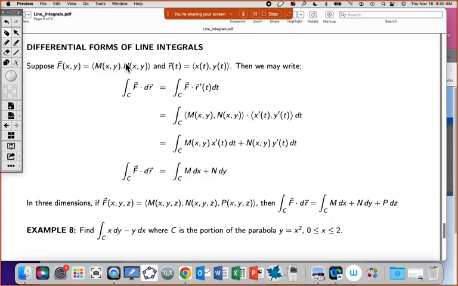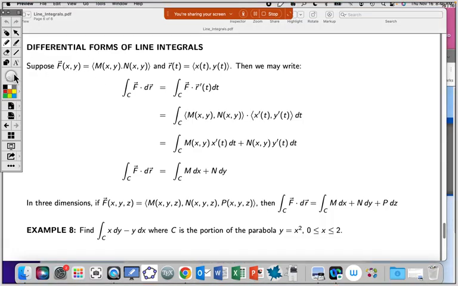All right, differential forms of line integrals. Suppose you write the vector field in component form. So if you've got F of x, y, the x component, we'll call that function M. So we have M of x, y, comma N of x, y.